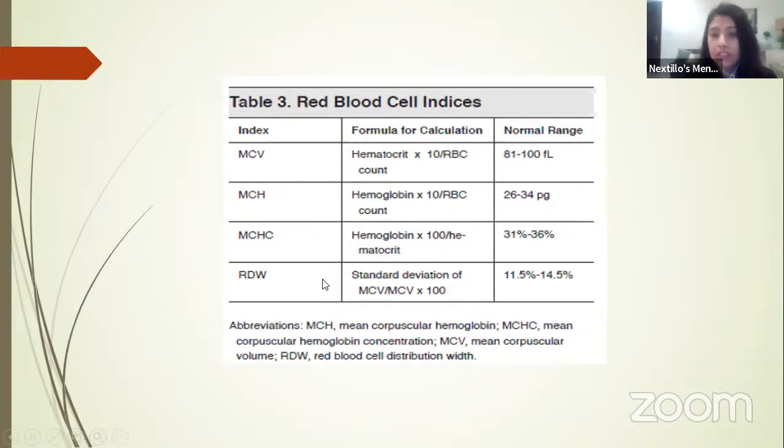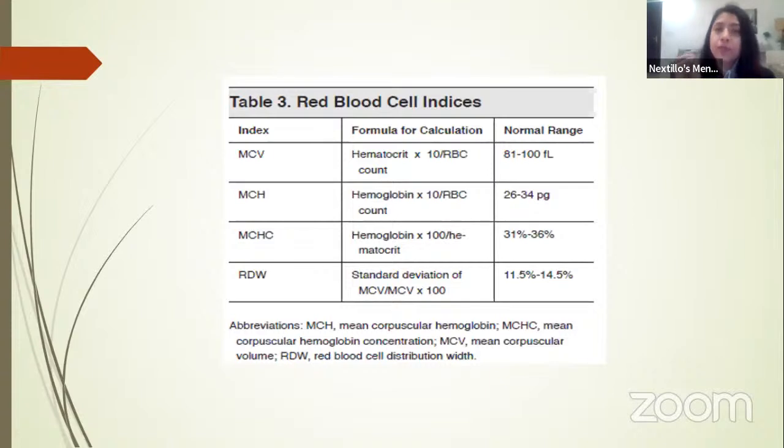And last but not the least is RDW, the red cell distribution width. What is it? Basically, when we plot the sizes of RBCs on a graph, the width of the graph that we get is the RDW. If all the RBC sizes are very similar to each other, then we'll get a narrower graph.